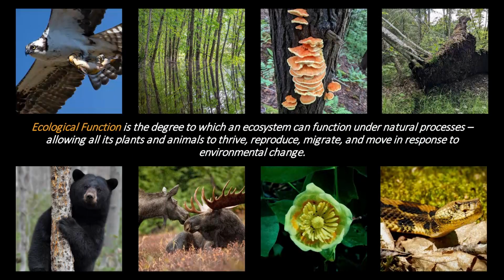Now, I've mentioned this concept of ecological function several times, and it's pretty important for you to understand what we're talking about here. Because as we move our mapping from those hotspots of biological diversity to thinking at the landscape scale, the green on the map means different things in different places.